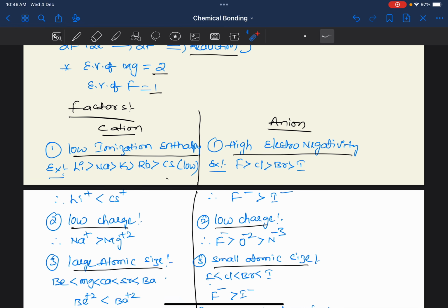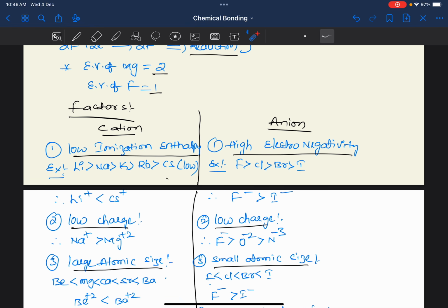First, the topic is cations. Atoms with low ionization enthalpy are easily formed as cations.